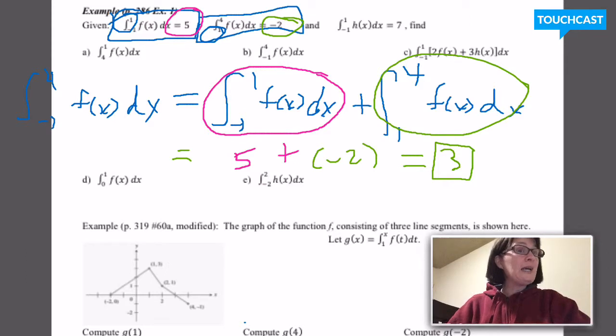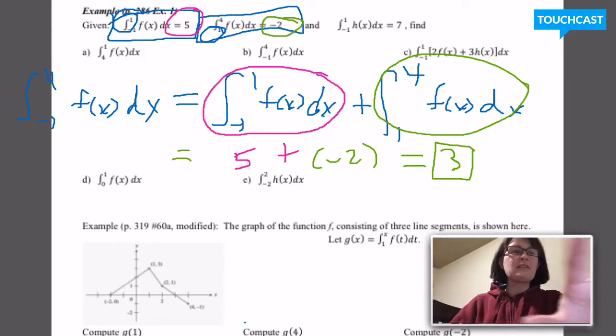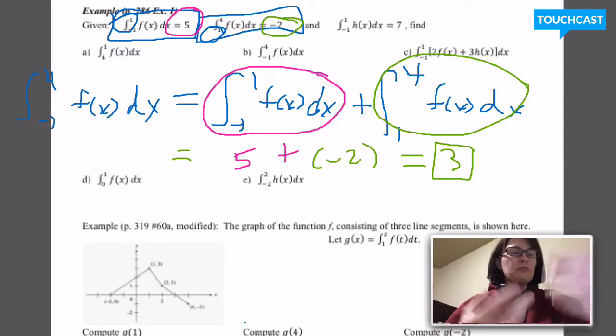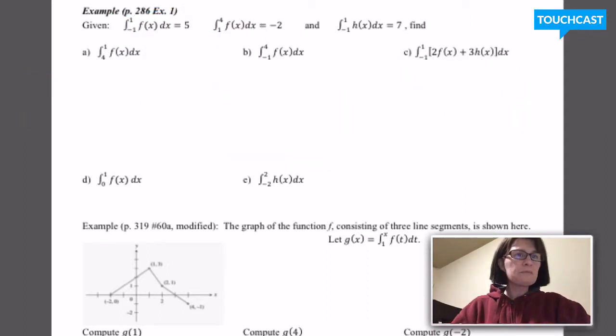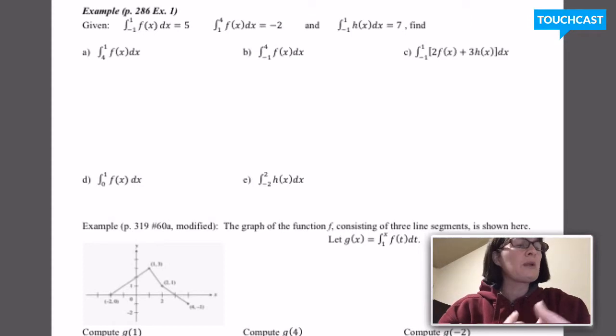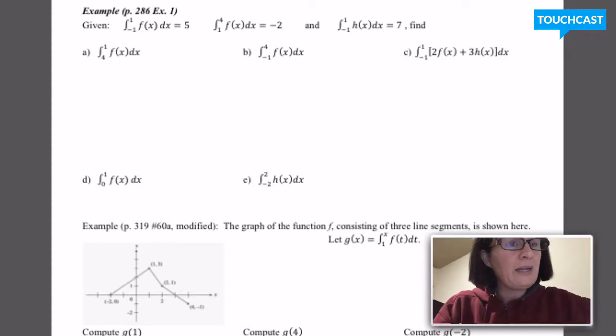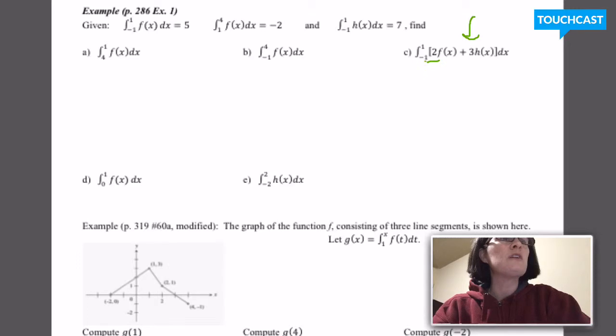For letter C, I've been asked questions about both f and h, so I'm going to have to combine together all that information I was given at the beginning. Here I'm going to use two of those new rules. Notice I've been asked to find the integral of a sum of two functions. And you'll notice that each one of those two functions happens to have a constant multiplier in front.